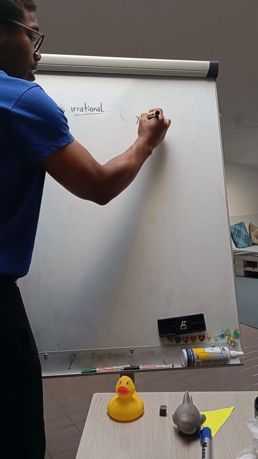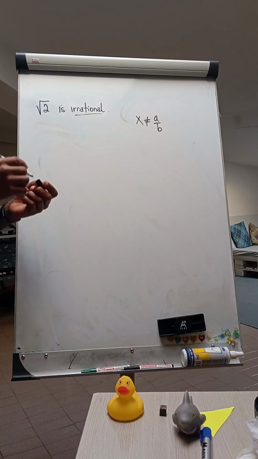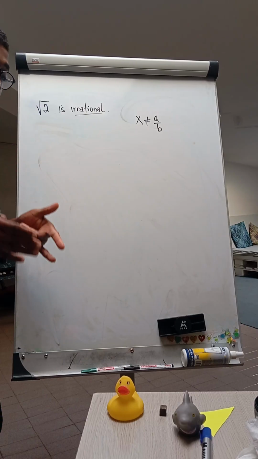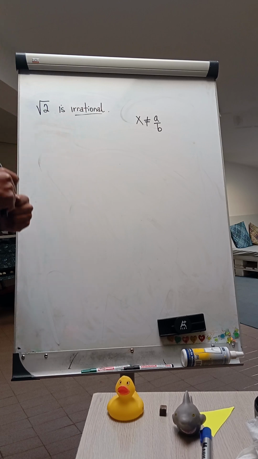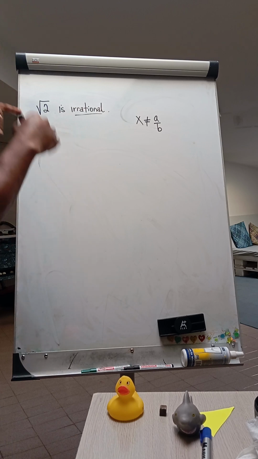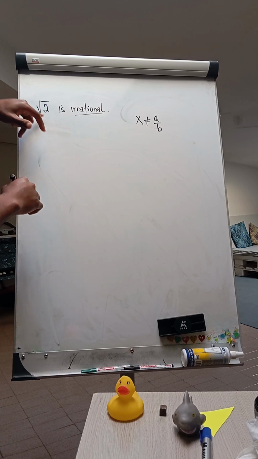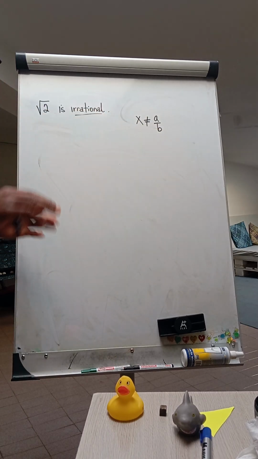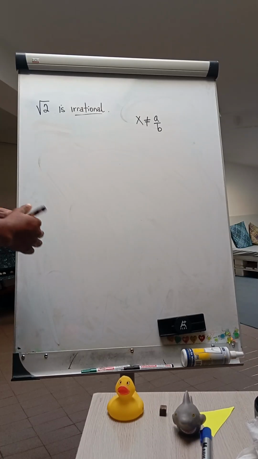But if x cannot be expressed as a ratio of two numbers, it's not rational. That means it's irrational. Now we are asked to prove that the square root of 2 cannot be expressed as a ratio of two numbers.